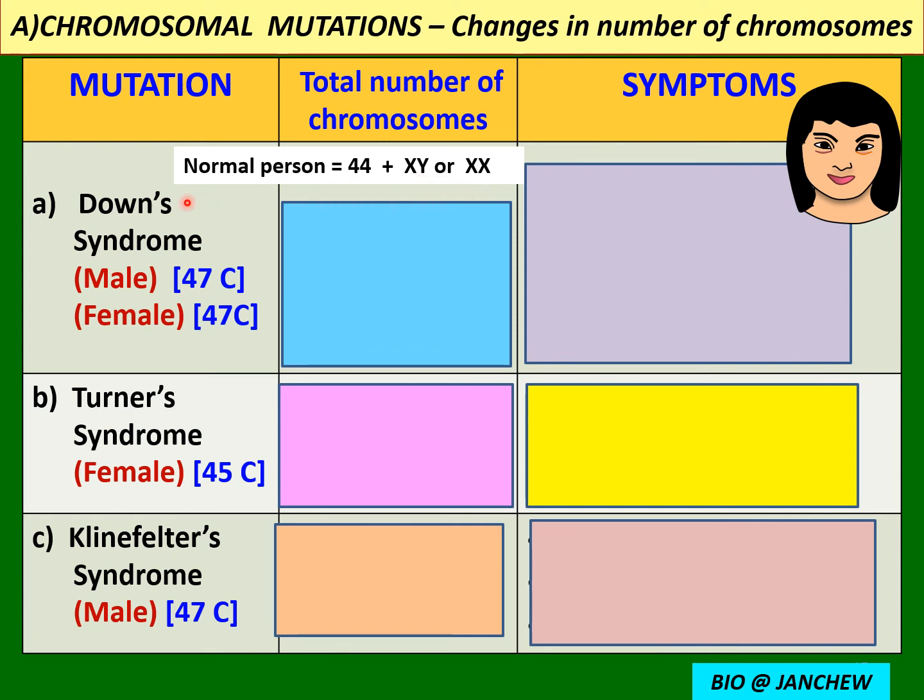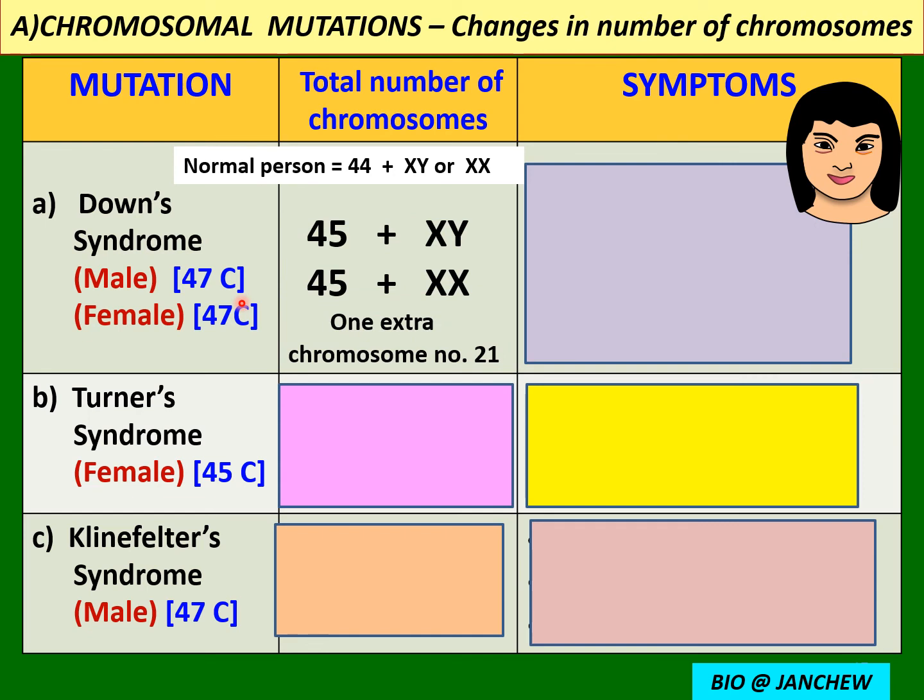Now we look at the chromosome mutation. Let's look at a Down syndrome individual, who can be either male or female. In total, they have 47 chromosomes. If we divide them into autosomes and sex chromosomes, there are 45 autosomes and 2 sex chromosomes. So the sex chromosomes are normal.